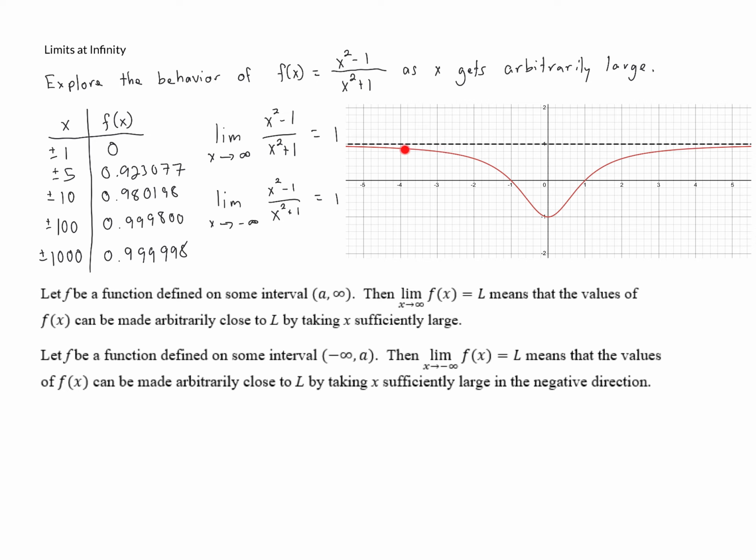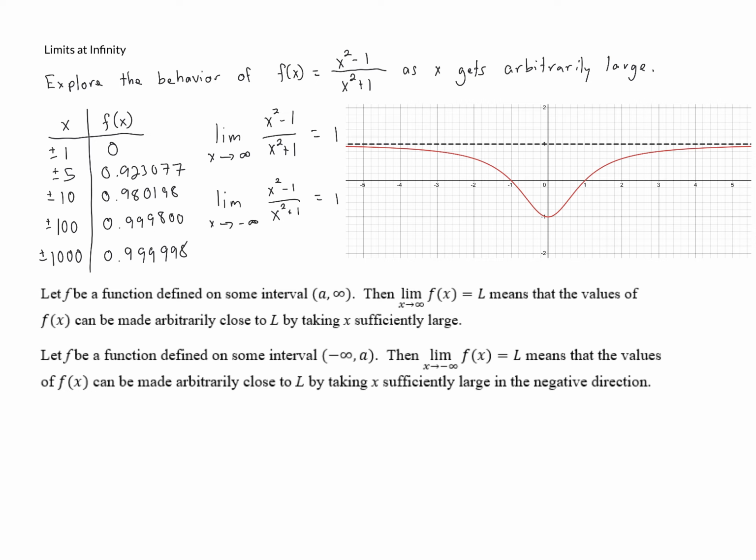We just need at some point it to continue being defined moving to the left. So if f is a function defined on some open interval from negative infinity to a, then the limit as x approaches negative infinity of f of x equals L means that the values of f of x can be made arbitrarily close to L by taking x sufficiently large in the negative direction.